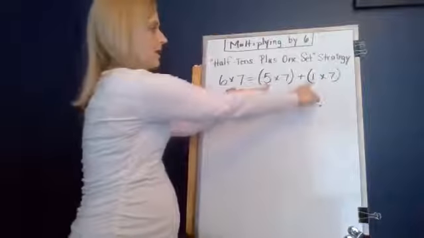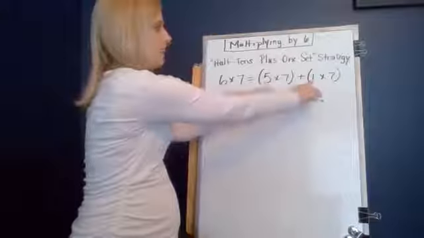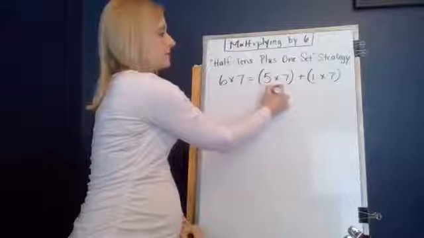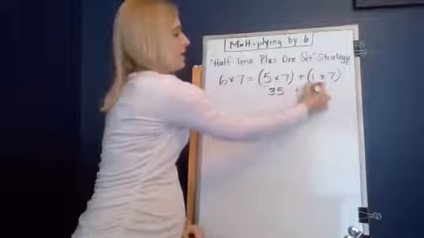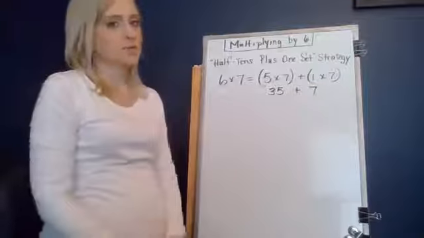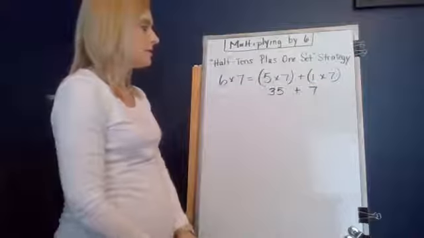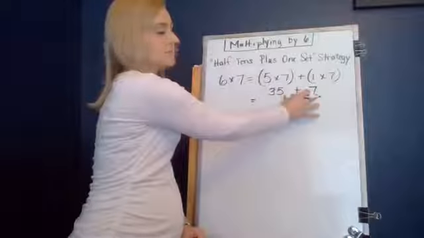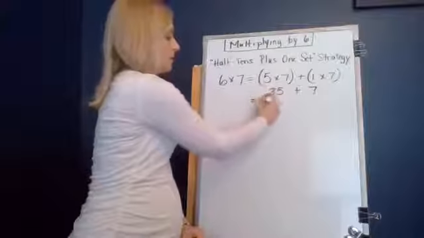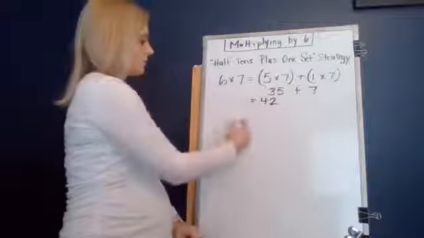Okay, so that we have that 6 times 7. So 5 times 7, if we skip count by 5 seven times, we get 35. And we add another 7 to it. Now you've got to use those addition skills and those addition strategies. So 35 plus 7. You add the 5 and the 7, that's 12, and 12 and 30 make 42. So 42 is your answer.